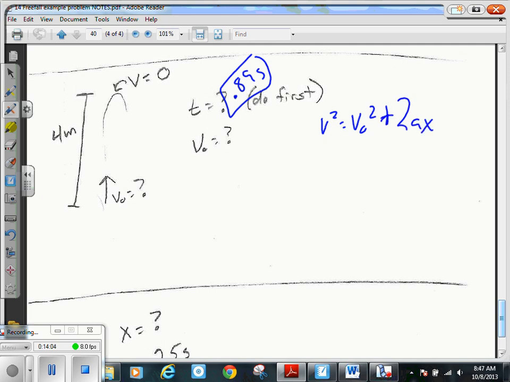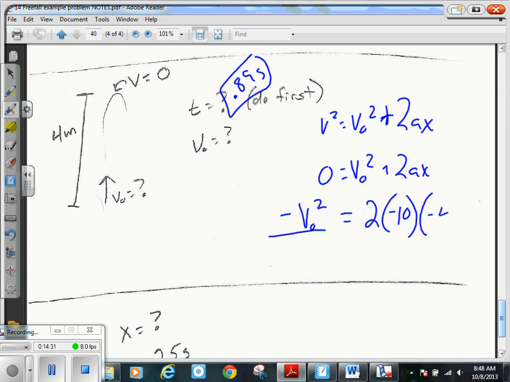And so 0 equals v sub naught squared plus 2ax. Negative v sub naught squared equals 2 times -10 times -4.